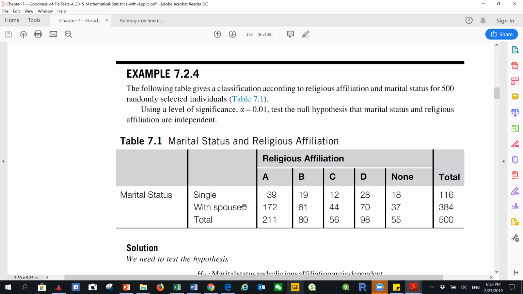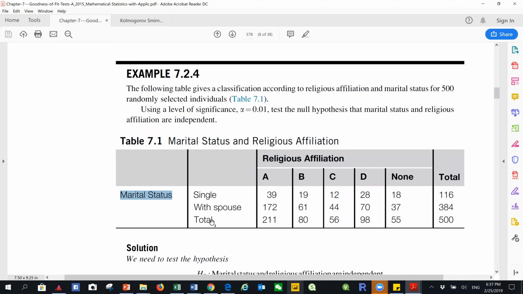So in this table, we have religious affiliation, and we have marital status. We want to see if religious affiliation and marital status are related, or are they independent?